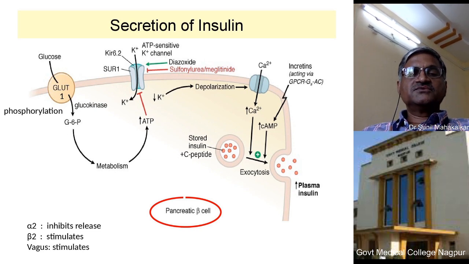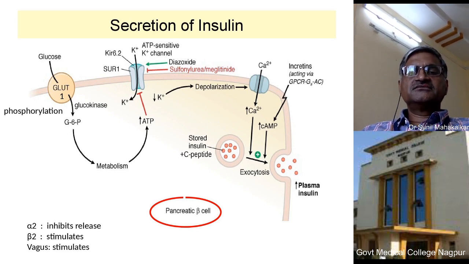This ATP comes from the phosphorylation of glucose to glucose 6 phosphate, caused by the stimulation of the GLUT1 receptor. This GLUT1 transports glucose from the periphery into the cell, and then glucokinase acts on that. It causes glucose 6 phosphate, which is metabolized into ATP. This ATP level blocks the entry of potassium.